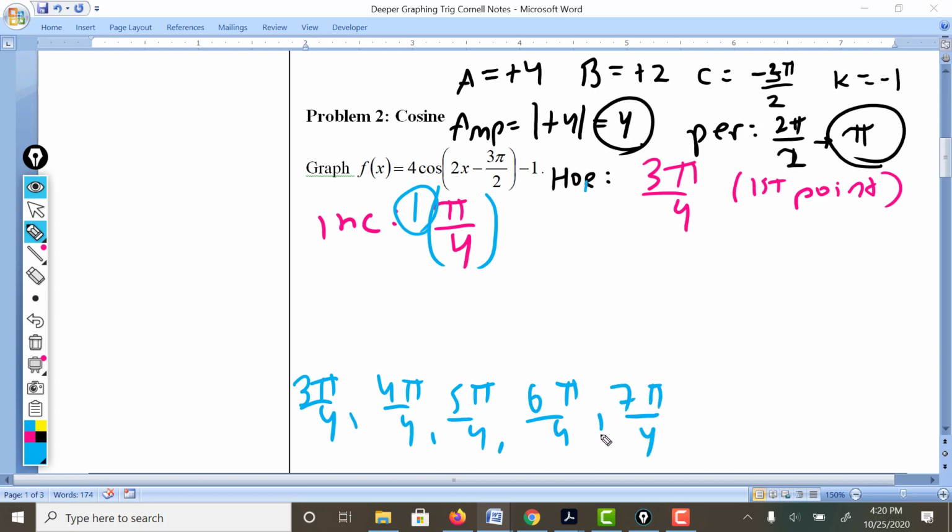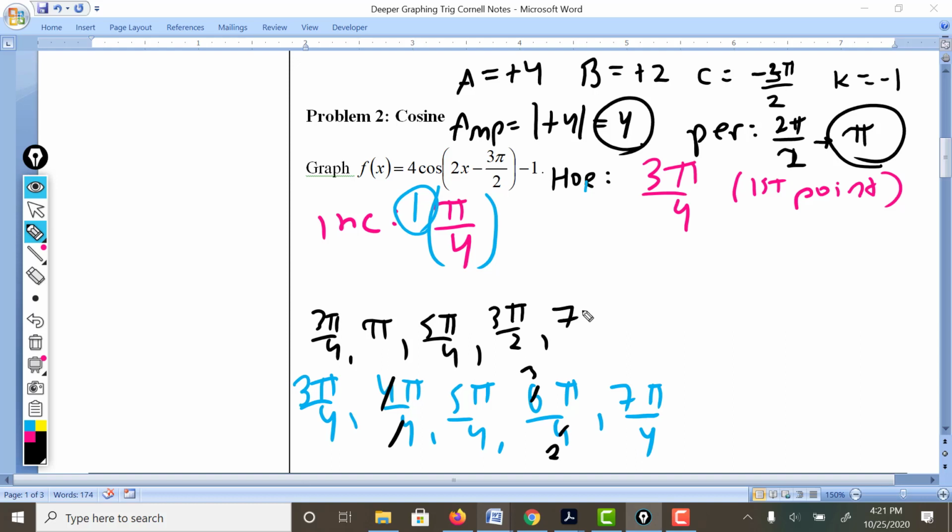And then we reduce. This one looks fine, 3 pi over 4. The 4's cancel out, pi. 5 pi over 4 looks legit. This is a 2 and this becomes a 3. These are some really weird fractions we're getting. And 7 pi over 4. You can imagine the kind of math we would have to do theoretically if we wanted to actually do this with math.